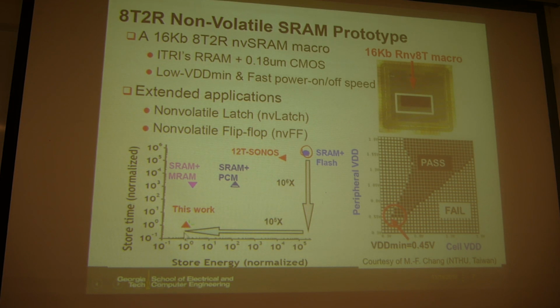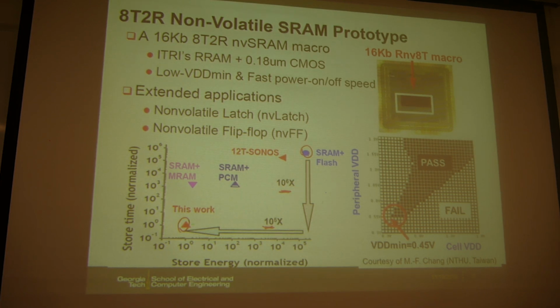But if you do it this way, it shows you have reduced the store latency by 10 to the power 6, and reduced the energy by 10 to the power 5. Because this is very fast, you just need about 10 nanoseconds to store your data.